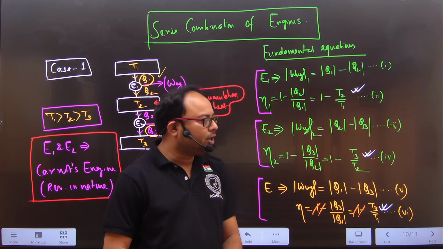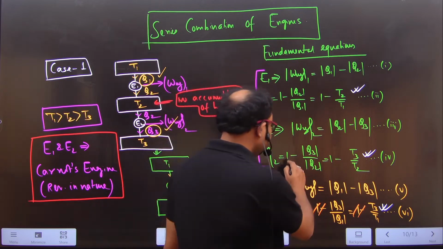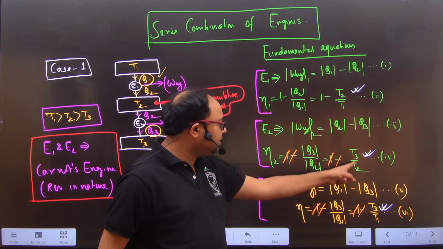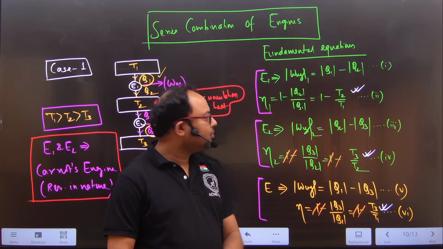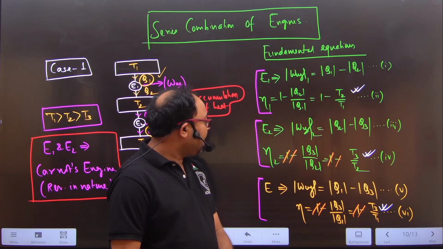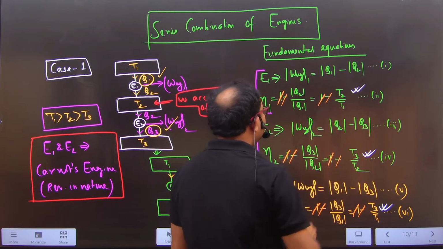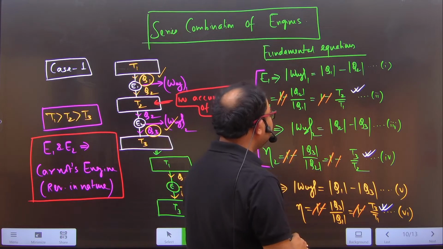Mod Q3 by mod Q2 is T3 by T2. And mod Q2 by mod Q1 is T2 by T1.